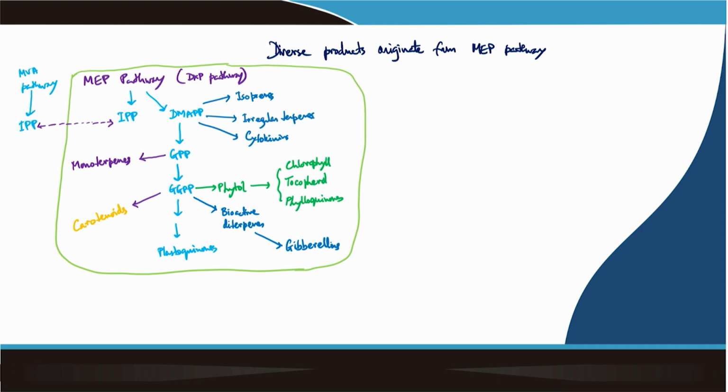And from the MVA pathway, the important products are, because of shortage of space, let me put it here.